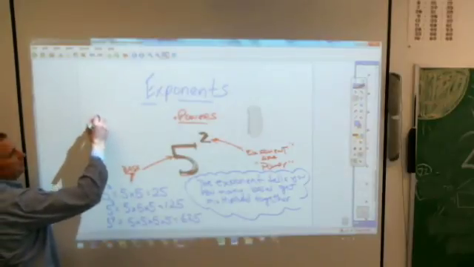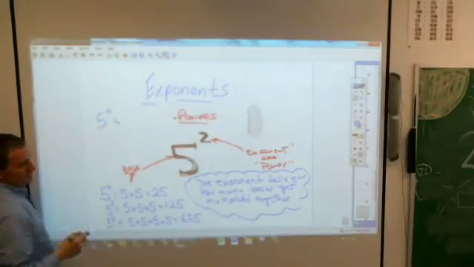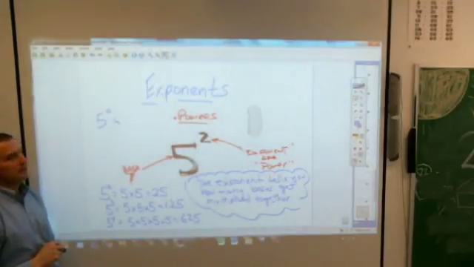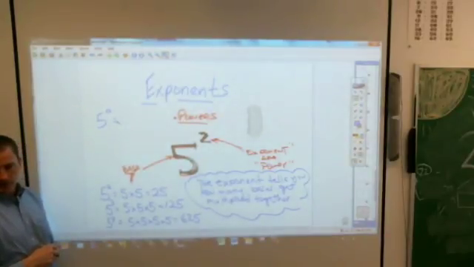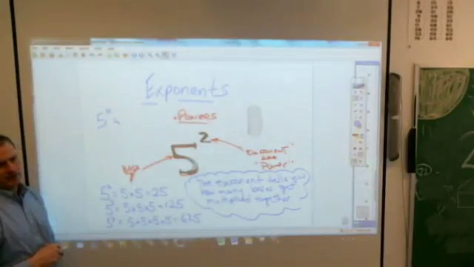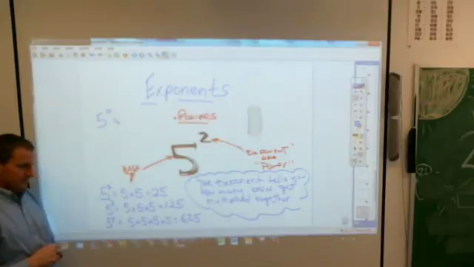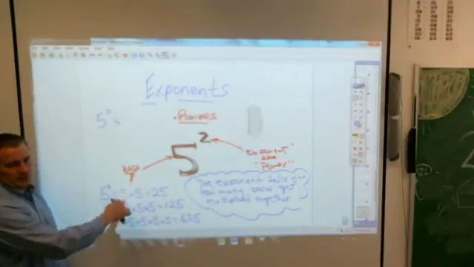What do you suppose 5 to the 0 power is? Let me tell you, you will be wrong. Is it 0? You're wrong. It's a good thought, though. 5? You're wrong. Nobody ever guesses it, but it does have an answer. 5 to the 0 power would certainly be less than 25.